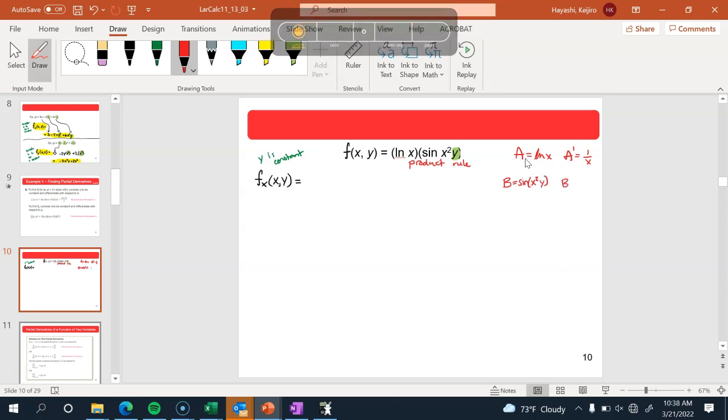of which the derivative with respect to x, because we're doing the partial derivative with respect to x, should be cosine of the same, times, because of the chain rule, the derivative of the inside with respect to x. So that is times 2xy.